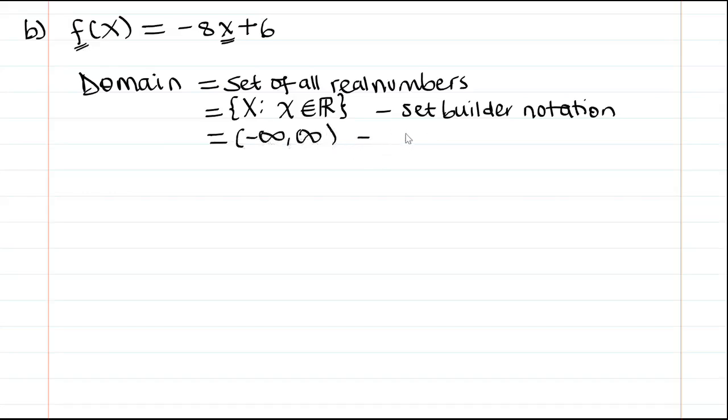But the two answers have the same implication. So the domain for this linear function is the set of all real numbers, which are the values of x. And this one or this one is the correct answer.